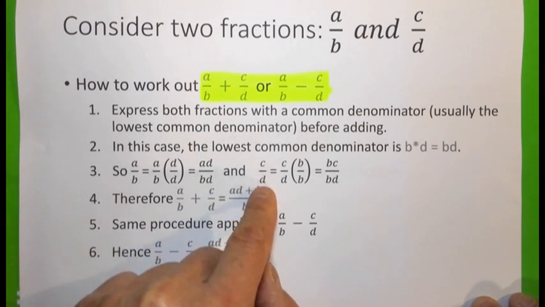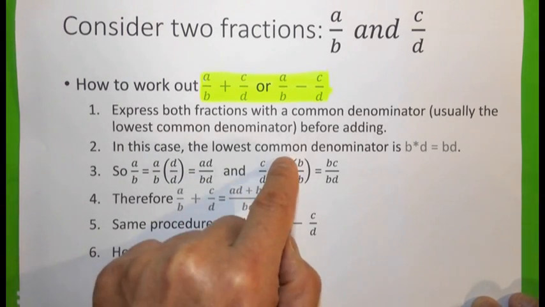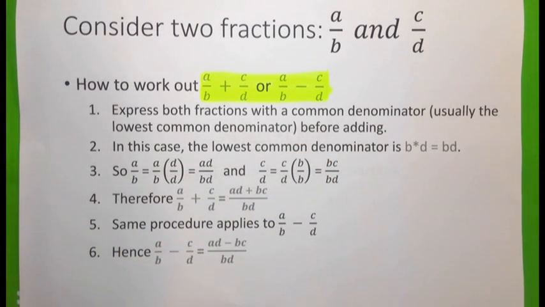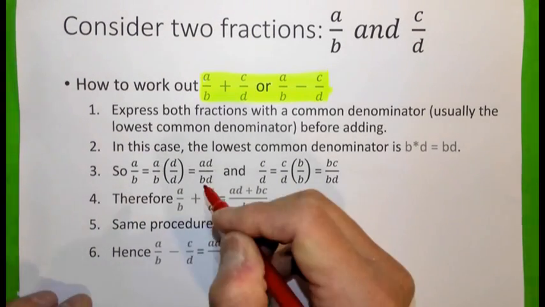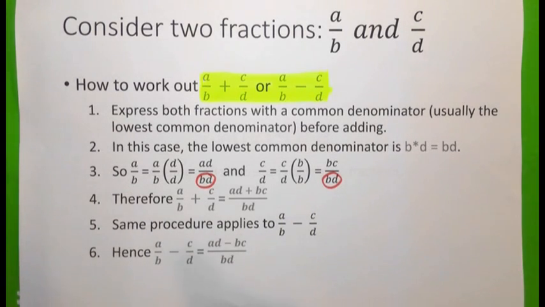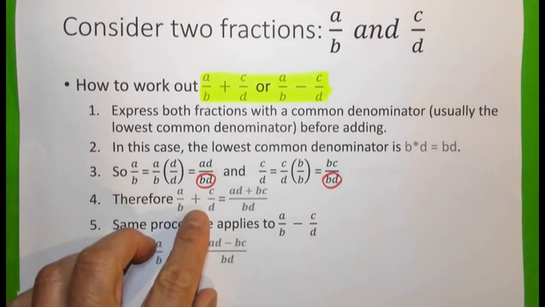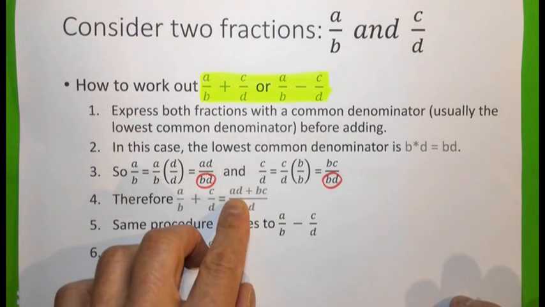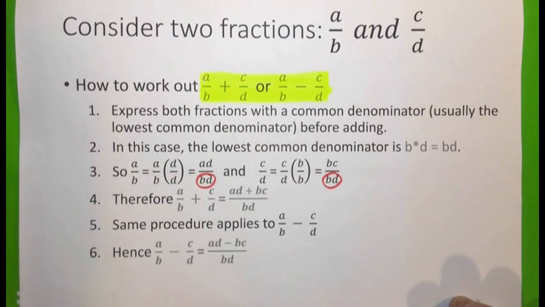And for c over d, we multiply by b over b, which gives us bc over bd. The common denominator for both is bd. So a over b plus c over d is ad plus bc over bd.